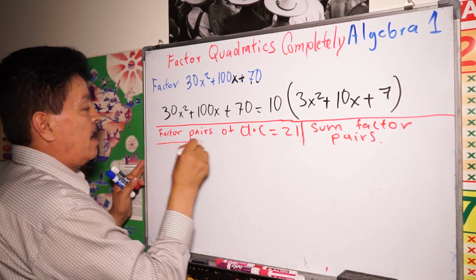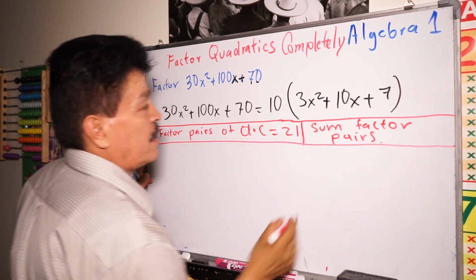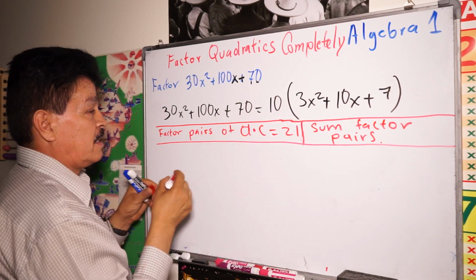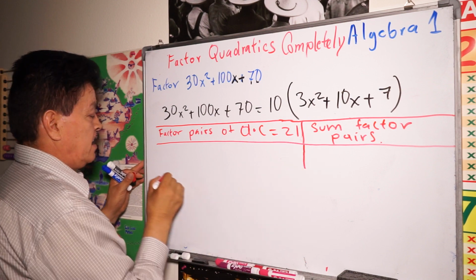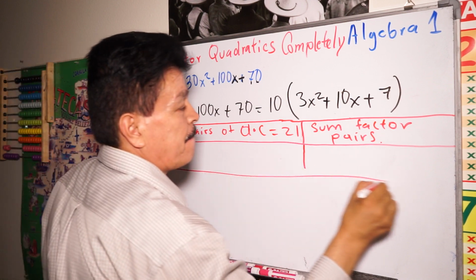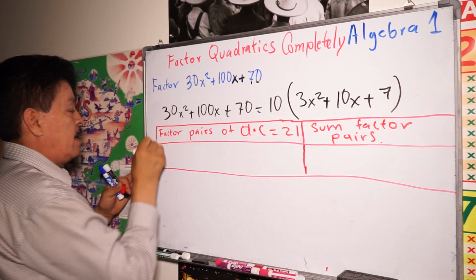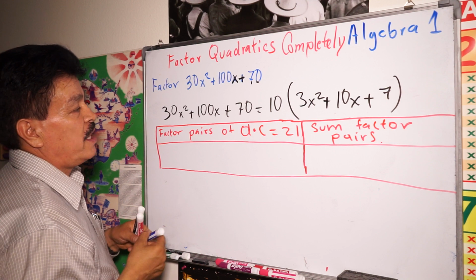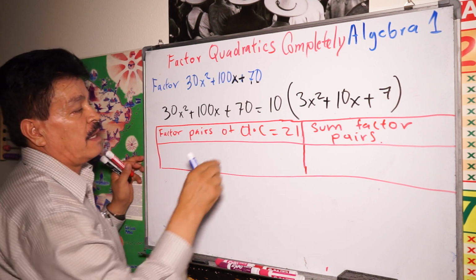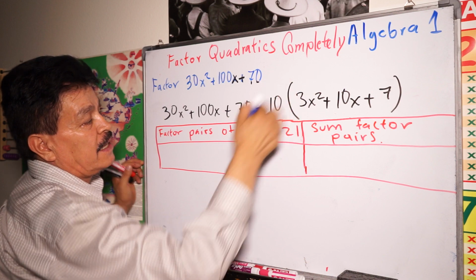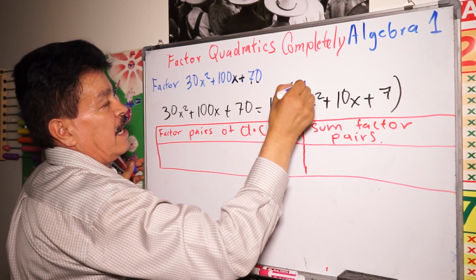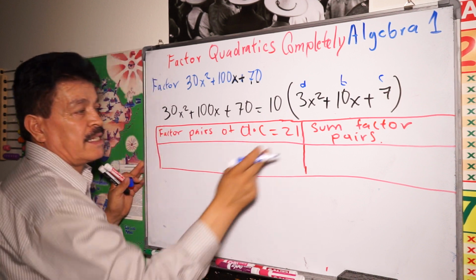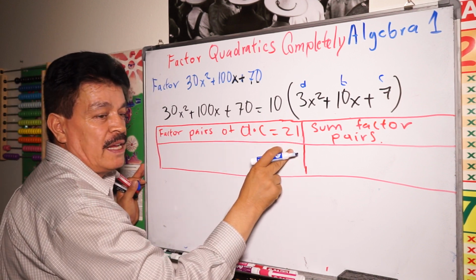I mentioned the formula before, but it's very simple to understand in this table. This is a, this is b, this is c. So a times c is 21. That's why we have 21 right here.